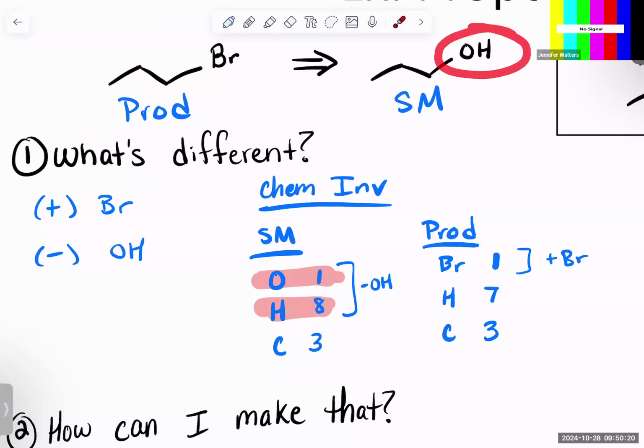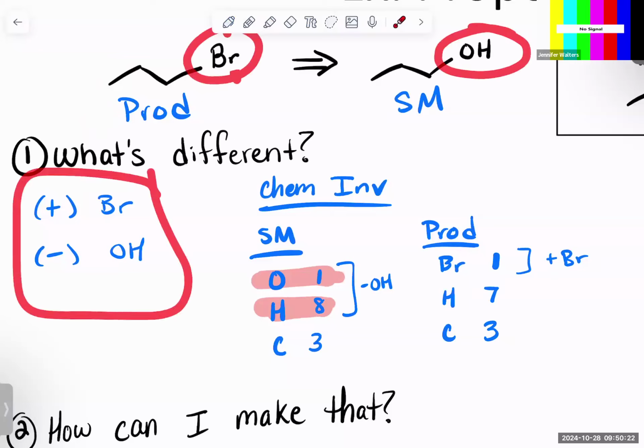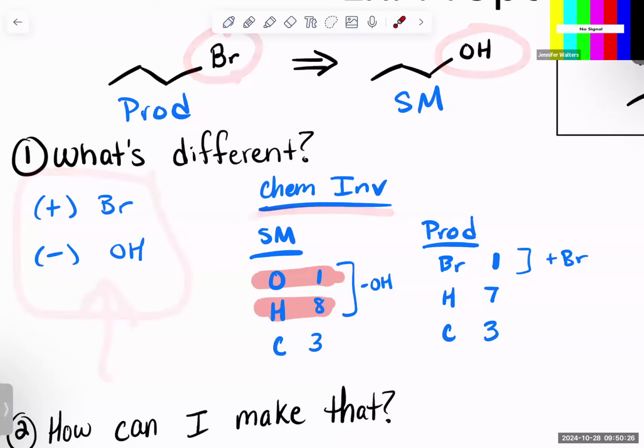Seeing the functional groups is way faster, but doing the chemical inventory got us to the same point. So if you're like, this thing is so weird looking, I don't even know what to do, do the chemical inventory, and that'll tell you which elements you need to gain and which ones you need to lose, right?